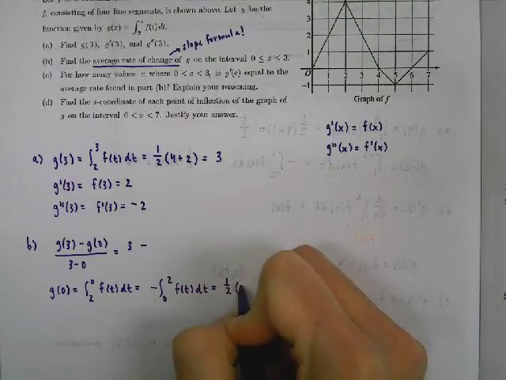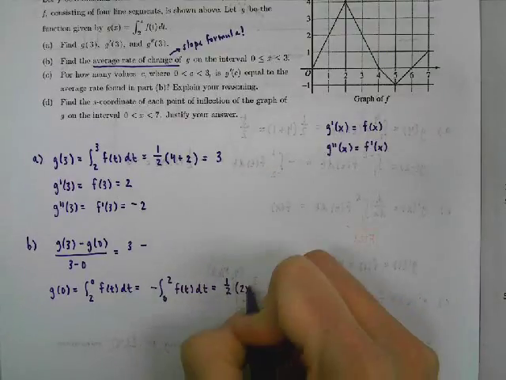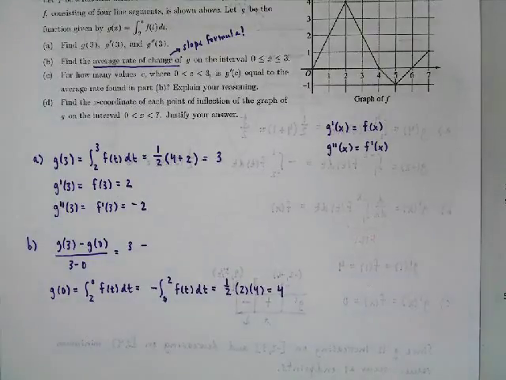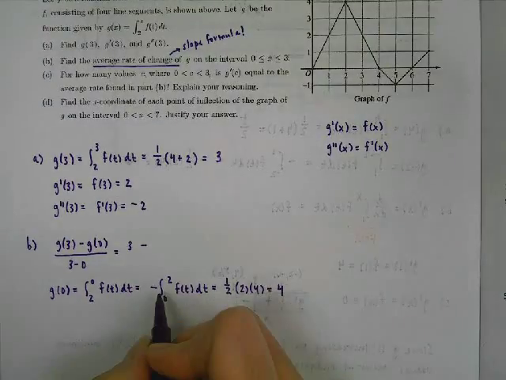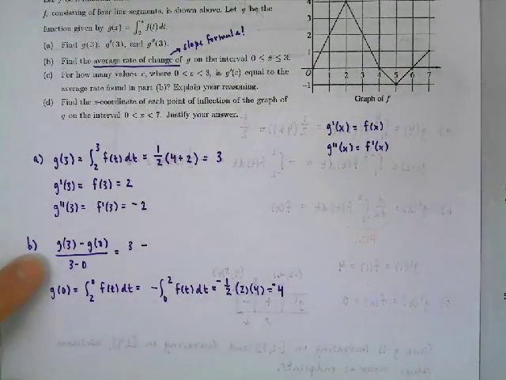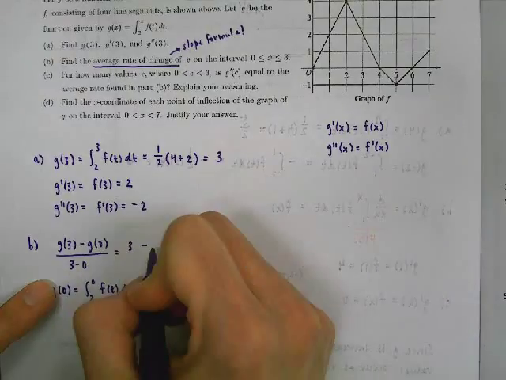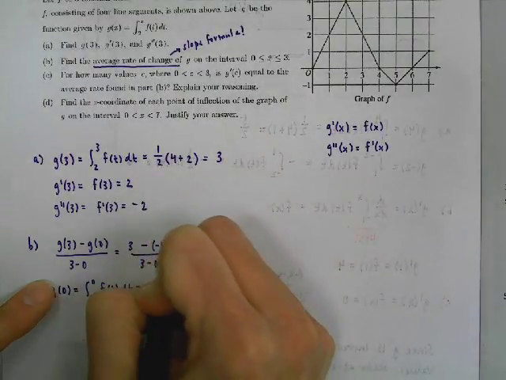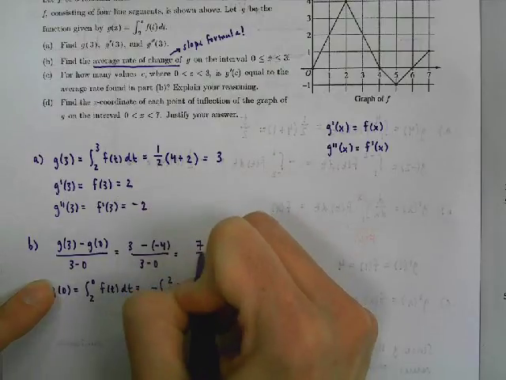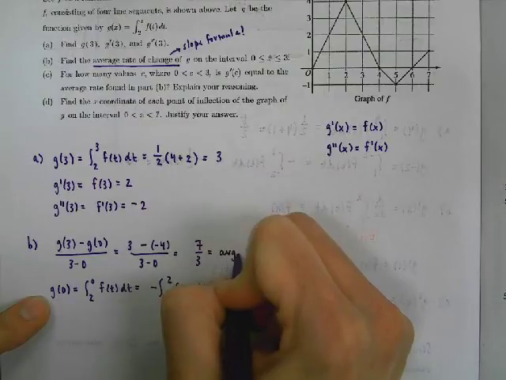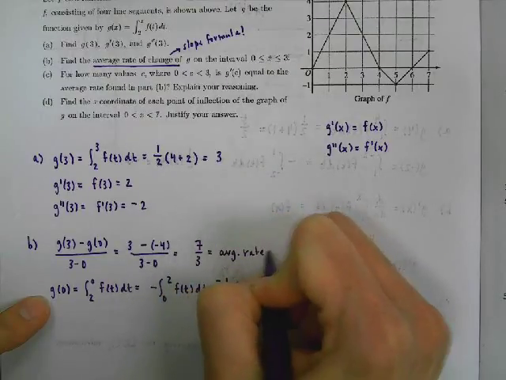So I have 1/2 times 2 times 4, and so that value is 4. Oops, I can't forget my negative. So it's actually a negative 4. So now I have 3 minus a negative 4 over 3 minus 0. So it's 7/3 is my average rate of change.